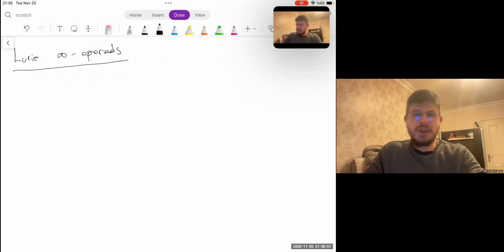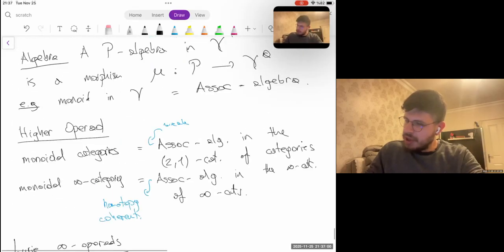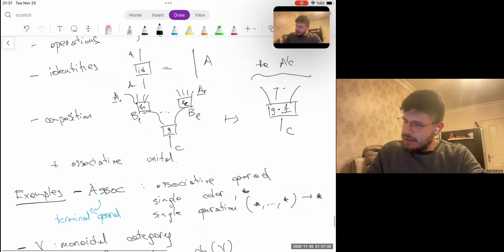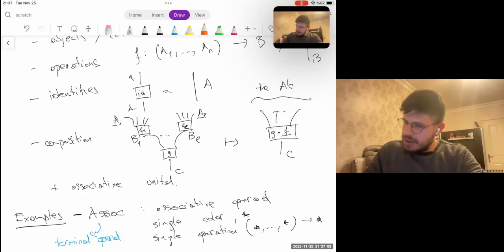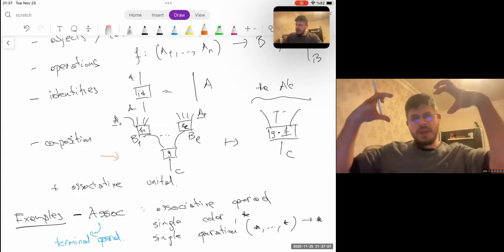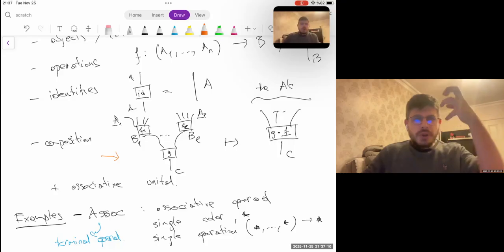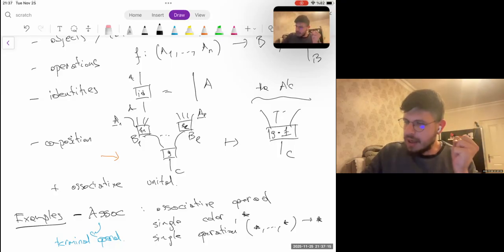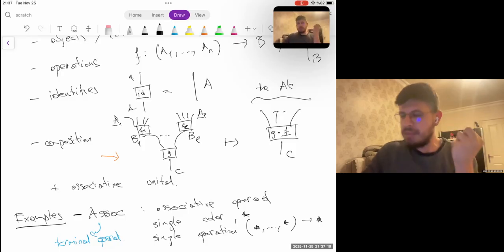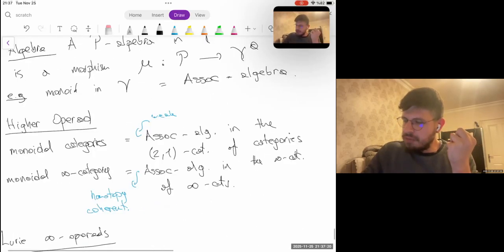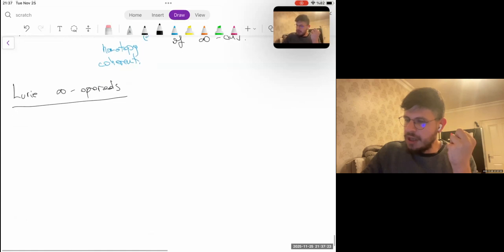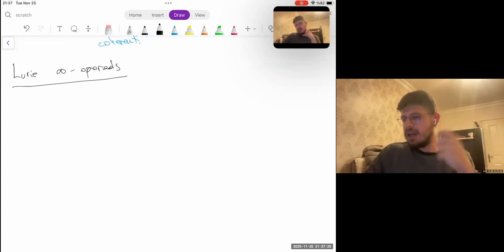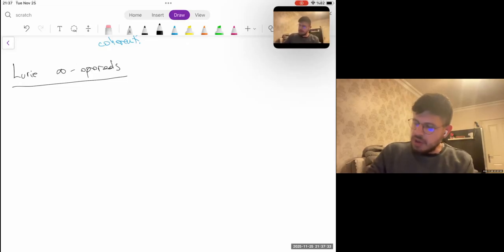This is basically about encoding, if we go back, this composition scheme, operations with inputs, but where they compose up to coherent homotopy. Lurie, in his book Higher Algebra, developed a model for these. I will describe the non-symmetric variant. Lurie has the symmetric variant.